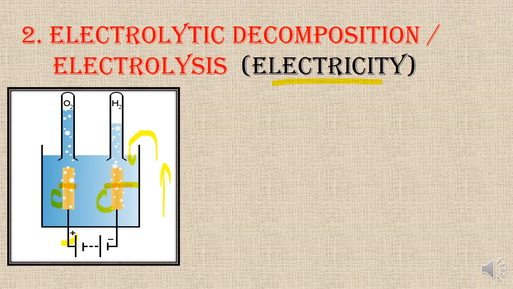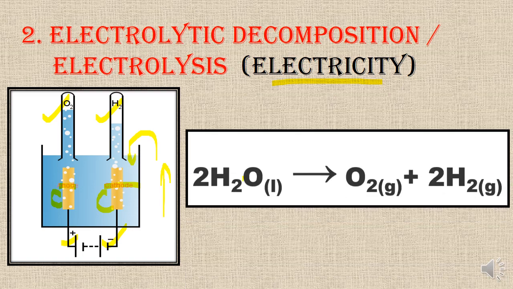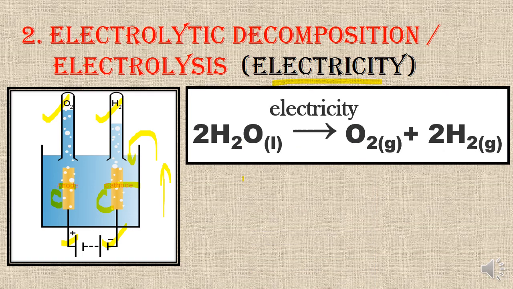When electricity is passed through the solution, you will notice the evolution of oxygen gas at the anode and hydrogen gas at the cathode. That means during this reaction, water is broken down into oxygen and hydrogen gases. Okay.